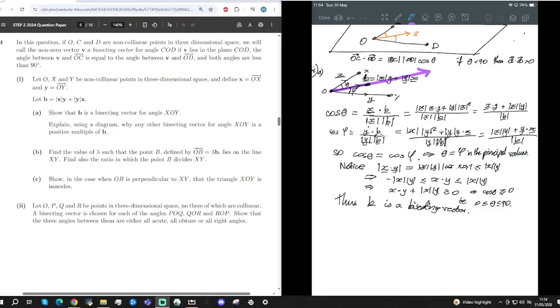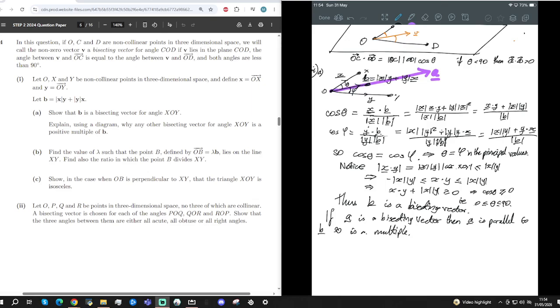So this we can call, I'll call this vector A. So if A is a bisecting vector, then, well, it's in the same direction of B. B is defined to have the direction by being a bisector, then A is parallel to B, so is a multiple.